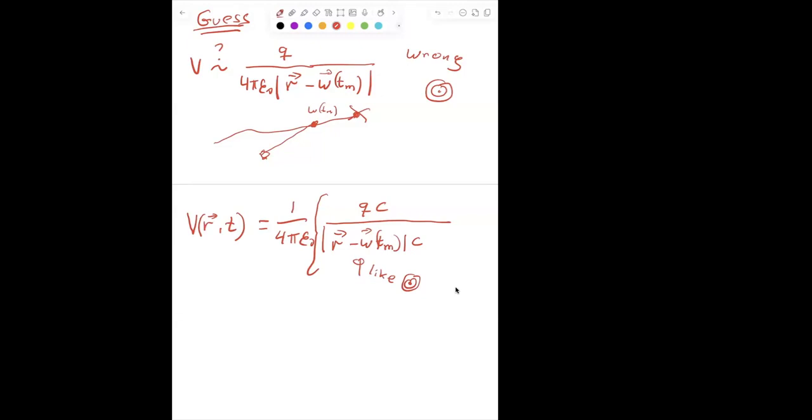This is where the particle is at this previous time, and it influenced the point R in space. You see the c here and the c up here, they will cancel. But this is not all the story, and if it would be, things would be maybe simple, but it's far from all the story. Then you have here R minus W. The W is at time Tm. I'm not going to write it.